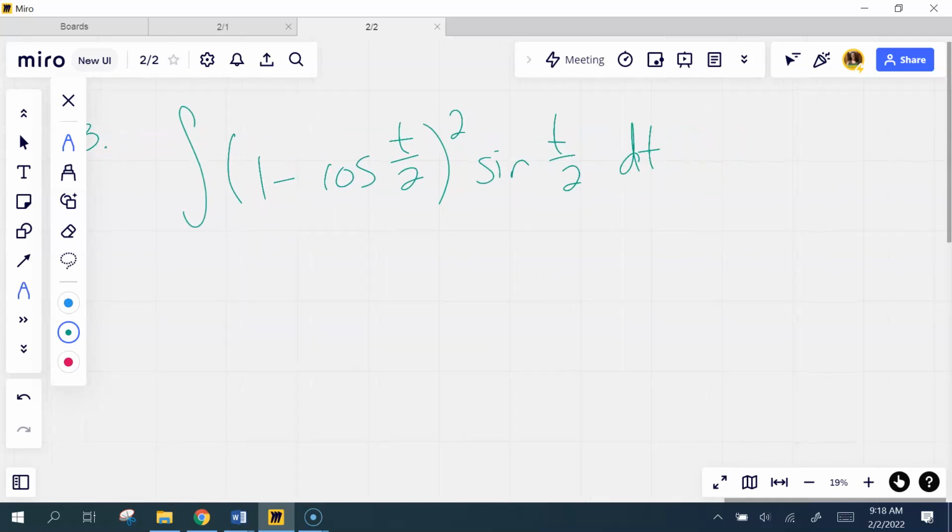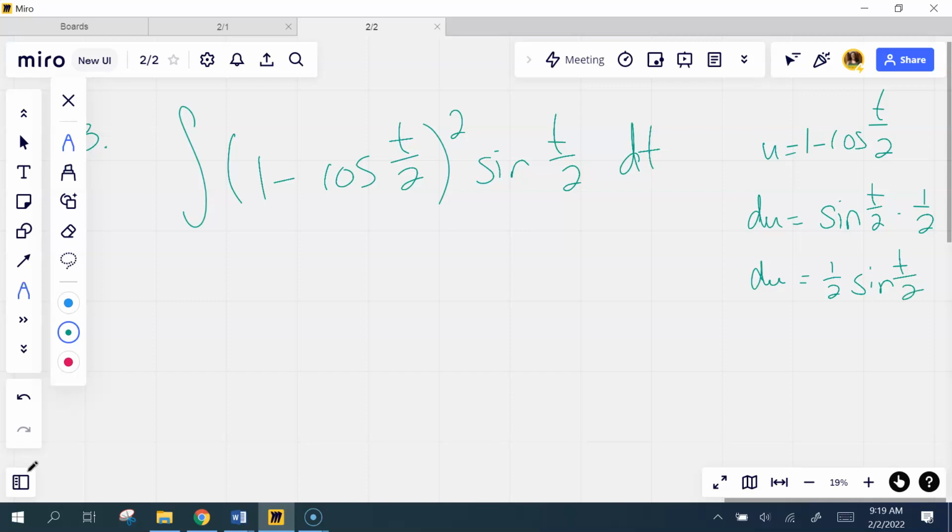This time it says to let u be 1 minus cosine t over 2. du is going to be, what's the derivative of cosine t over 2? So du is 1 half sine.